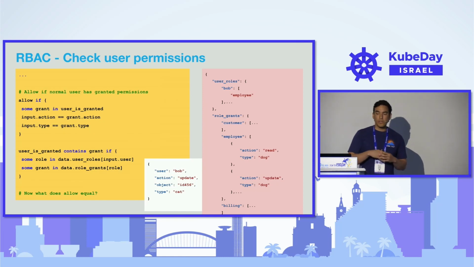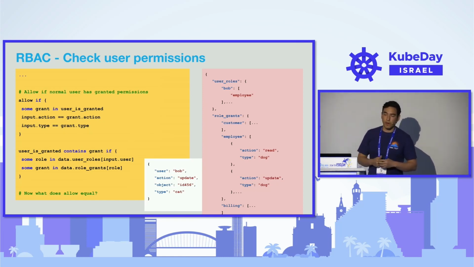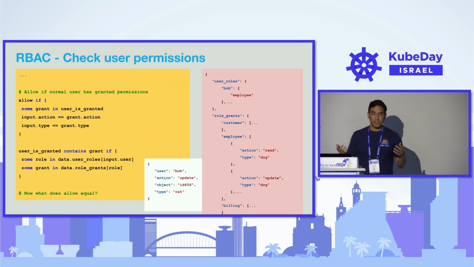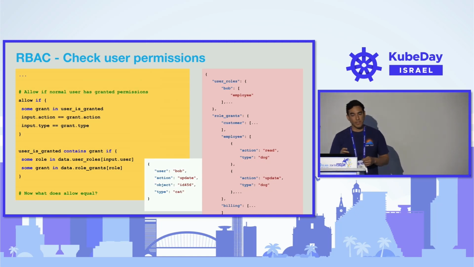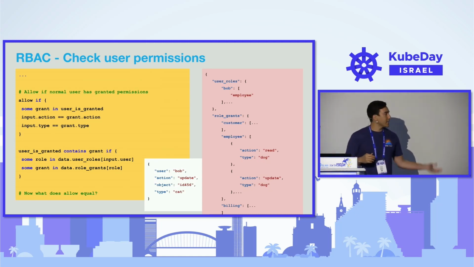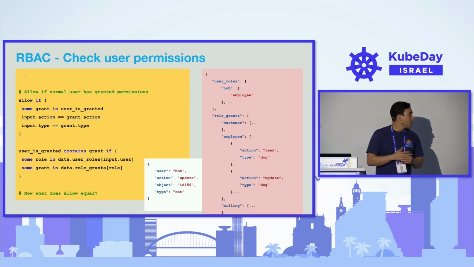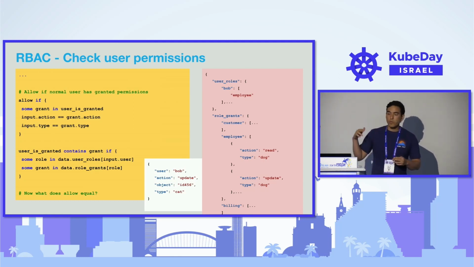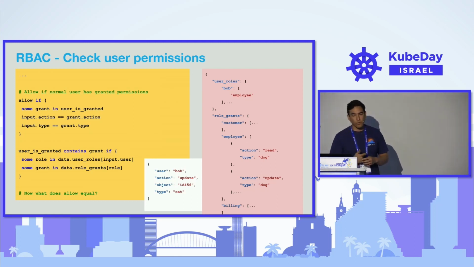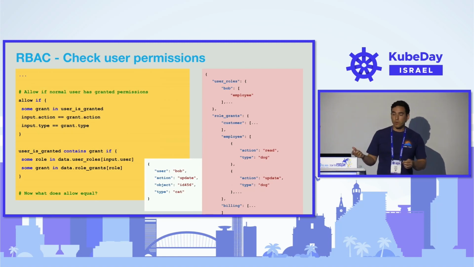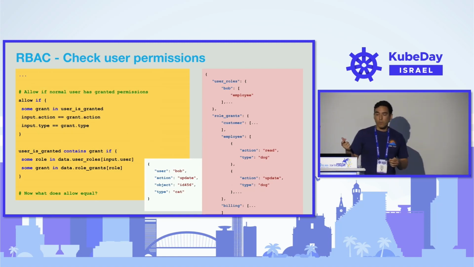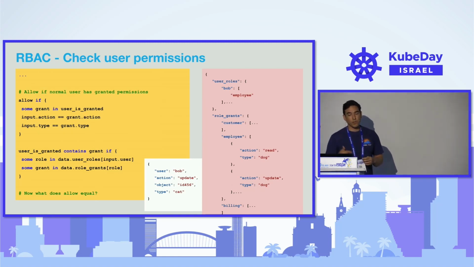We can see in this allow if statement that we are checking for a grant in this rule called user is granted. In the second part of this rule, we are going through the list of roles, and in that list of roles, we are checking for grants.